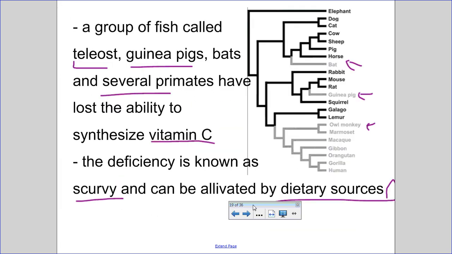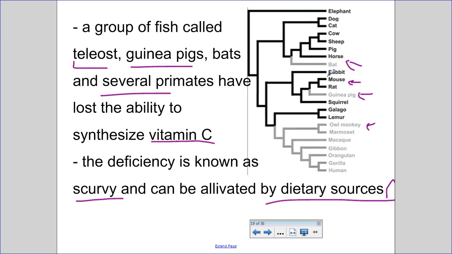So very quickly, looking at how scurvy can be studied. Given the fact that scurvy is a result of vitamin C deficiency, for a while scientists were trying to study scurvy in organisms such as mice and rats. But as best as they tried, these organisms would not develop scurvy.